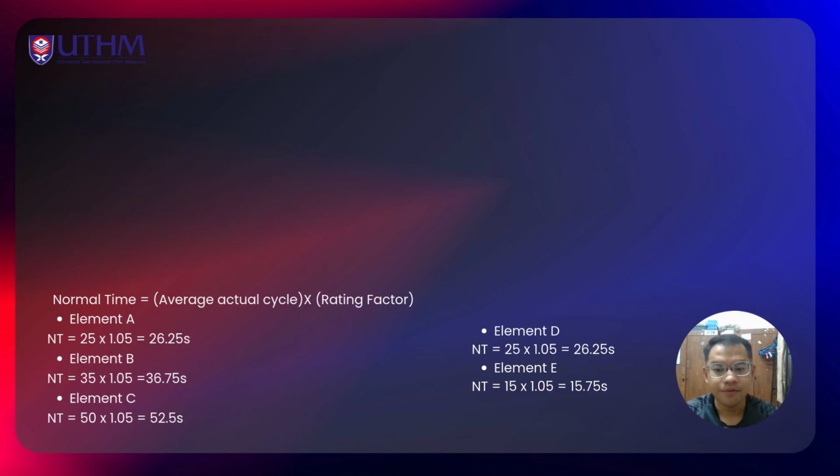And then using the formula, we will get element A is 26.25 seconds, element B is 36.75 seconds, element C is 52.5 seconds, element D is 26.25 seconds, and lastly element E, which is 15.75.